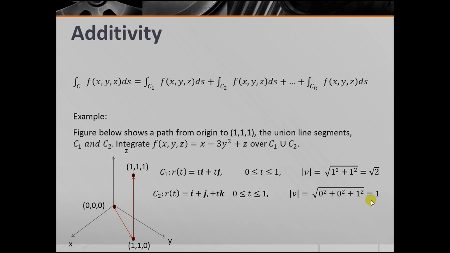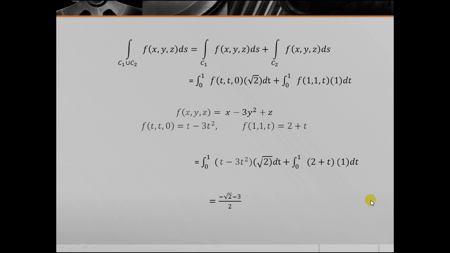By using the formula and substituting the data in the previous slide, we have the sum of the integration of f(t,t,0) times square root 2 with respect to dt with upper limit 1 and lower limit 0, and the integration of f(1,1,t) times 1 with respect to dt with upper limit 1 and lower limit 0. f(t,t,0) will be equal to t minus 3t squared, and f(1,1,t) will be equal to 2 plus t.